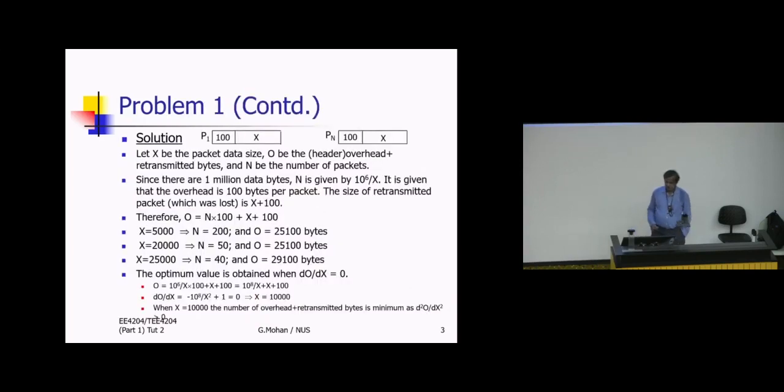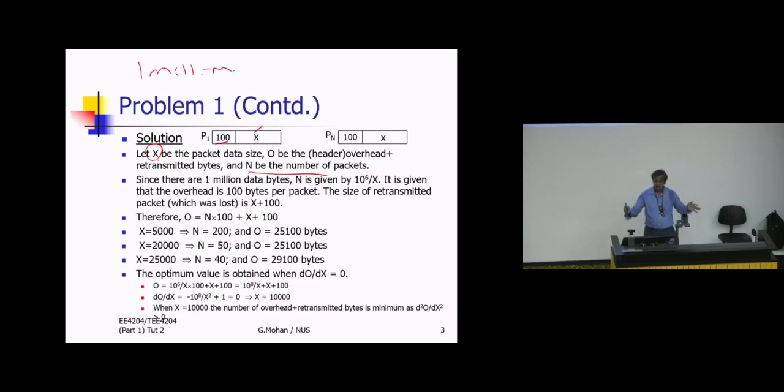Let's assume that X is the packet data size. That means each packet carries X bytes of data in addition to the header, and each packet carries 100 bytes of header. Let N be the number of packets, because the total is 1 million bytes.